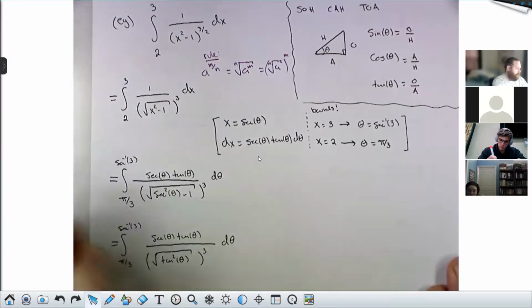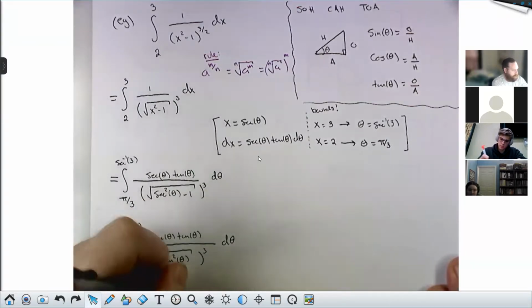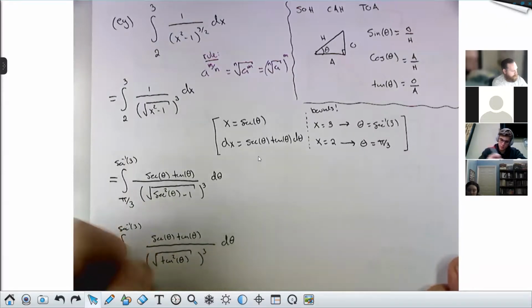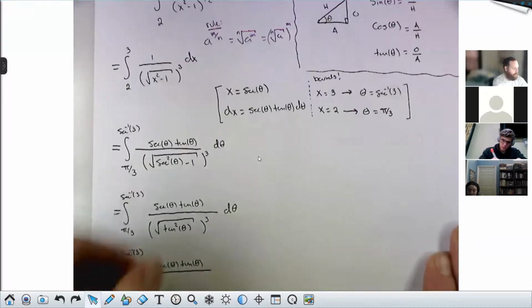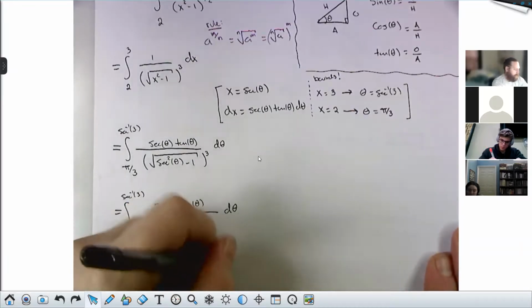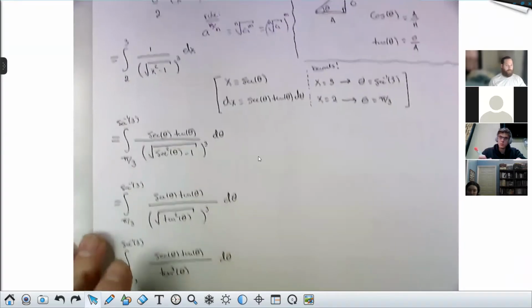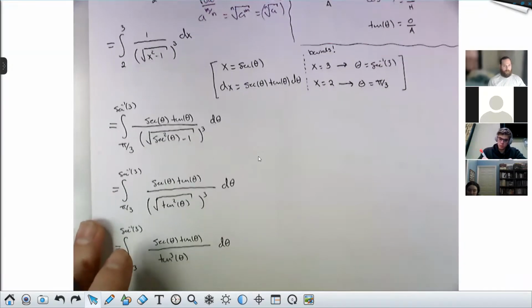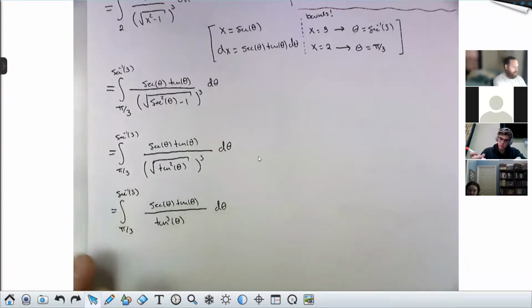We're looking at the integral from pi over 3 up to the inverse secant of 3 of secant theta, tangent theta, divided by square root of tan squared is tangent. That whole thing is cubed. So I get tan cubed theta downstairs and d theta over here. I can cancel one of the tangents.